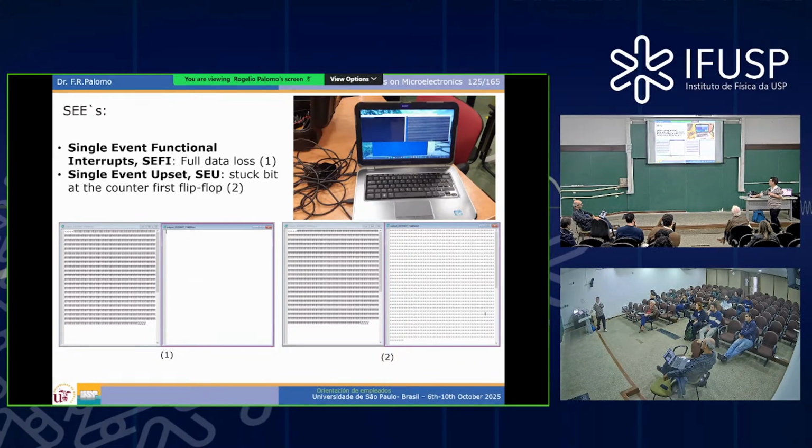So if an F changed to another thing, then you know it is a single event upset. But if for some reason the device stopped working, that means the controller is affected, because you cannot send signals to that memory, or you cannot read out.